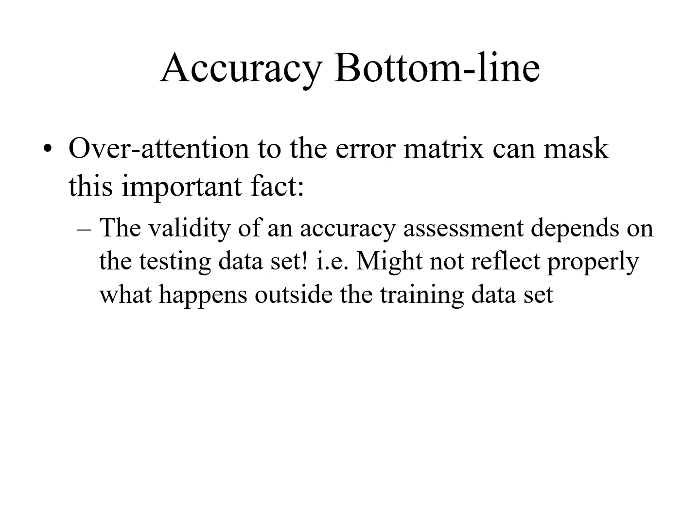And one of them is that the validity of the accuracy assessment depends on the testing data set. So it might not reflect properly what happens outside the bounds of the training data set. So if you have a bad sampling design, okay, you're going to get a bad accuracy assessment.